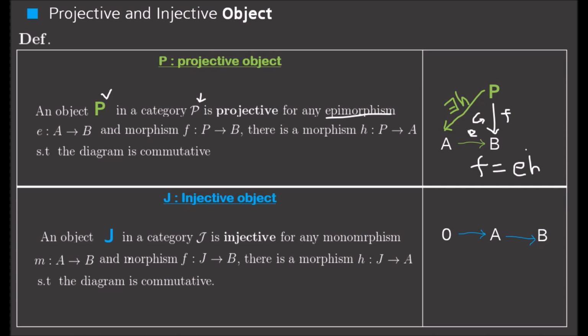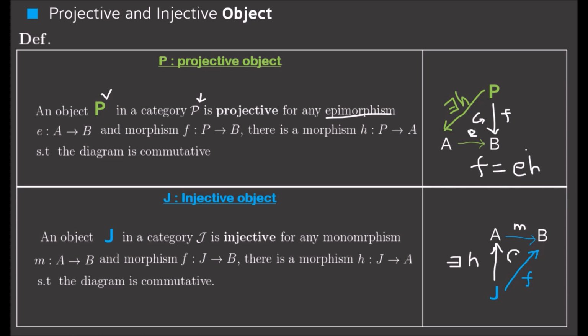Similarly, we can define an injective object. An object J in a category is injective if, for any monomorphism M from A to B, and we know this exact sequence in the case of modules, because this map is a monomorphism, the zero set and the arrow are not necessary, and J is given, consider a morphism F from J to B. Then there exists a morphism H from J to A such that the diagram is commutative.